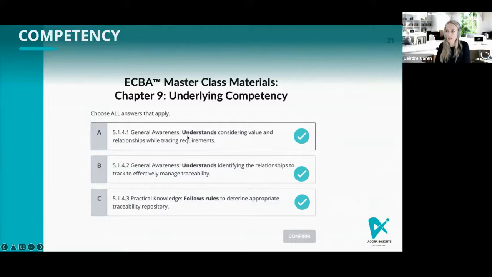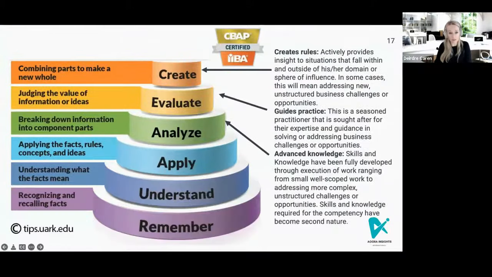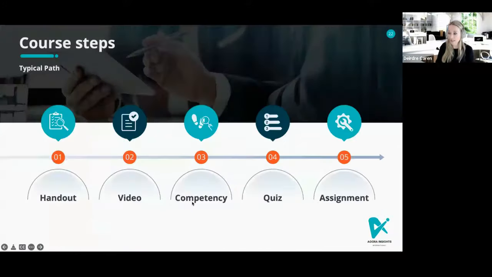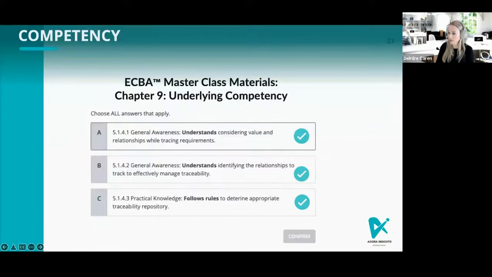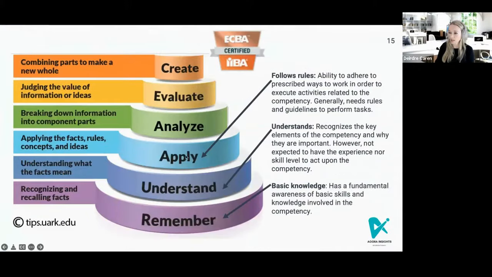And so when they ask you to understand something, you should now know that you're working at this level. So when you look at a particular task and they say you need to understand this, that's the level. If they say you need to follow rules, and let's just go to ECBA level, you need to apply whatever they have prescribed in that particular element.